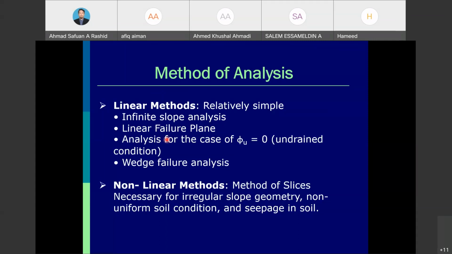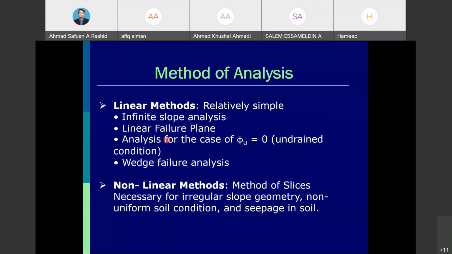The nonlinear methods are normally applied for finite slopes, where we use several methods called the method of slices. It can be used for irregular slope geometry, non-uniform soil conditions, and where we have seepage in the soil.